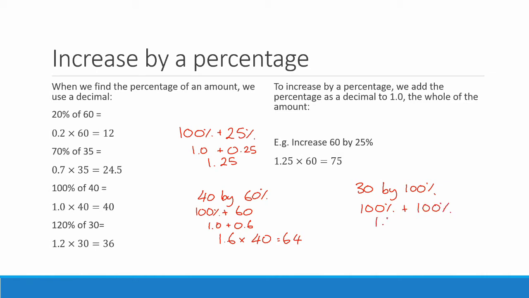So as a decimal, I have 1, and I add on another 1. So in fact, when I increase by 100%, I'm going to do 2 times my number, because that's what it kind of means. I'm keeping my original and I'm taking a whole other 1. So I'm going to end up with 2 of them, and so my increase will equal 60.